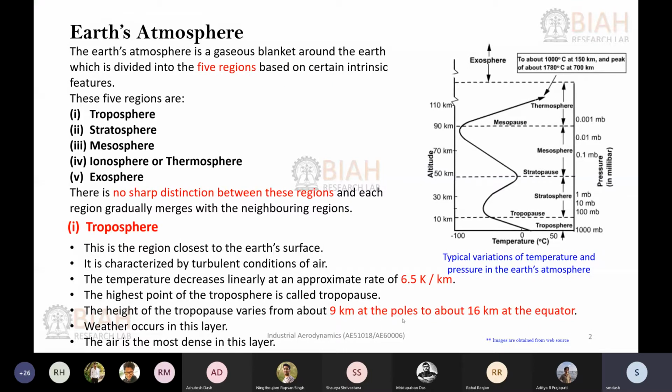It can also be affected by seasonal conditions and terrain conditions, which is why there is no clear distinction of the range of the troposphere. Generally we say it is up to 10 kilometers.